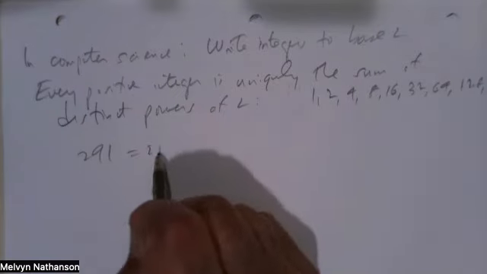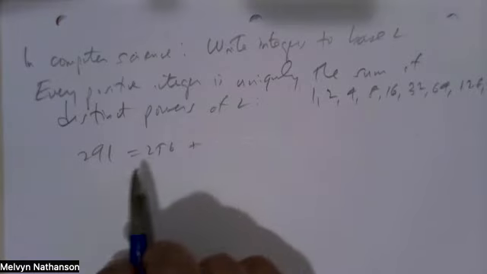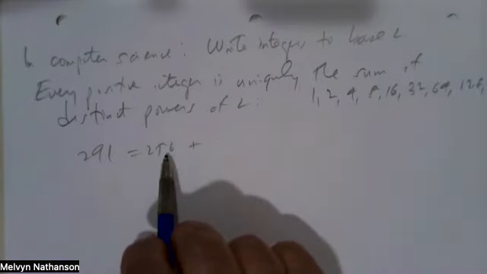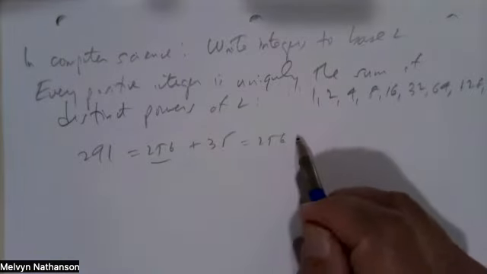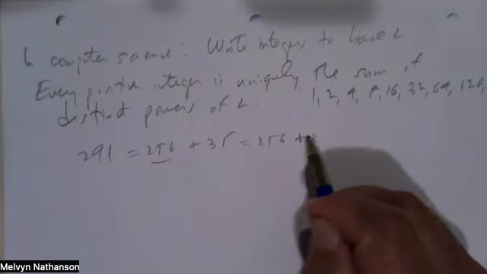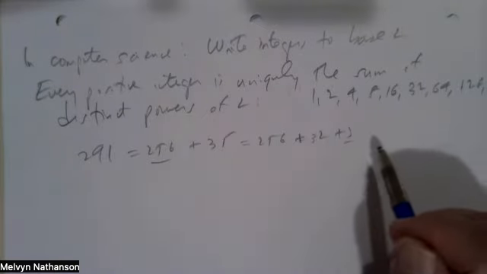128. So let's take a random number, 291. I want to write it as a sum of powers of 2. The largest power of 2, let's see, after 128 comes 256, 512. I can write this as 256 plus 35, I think. 256 is a power of 2. 35 is not. But 35 is 32 plus 3.